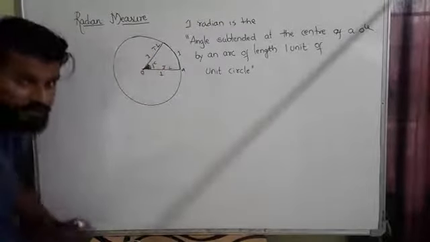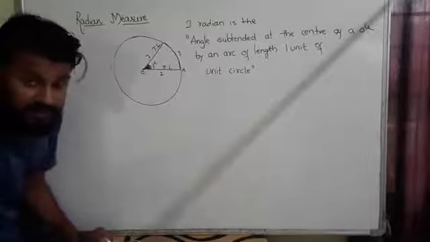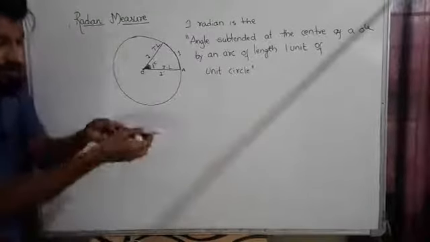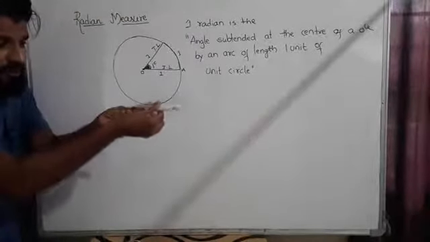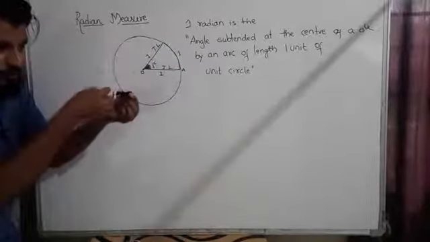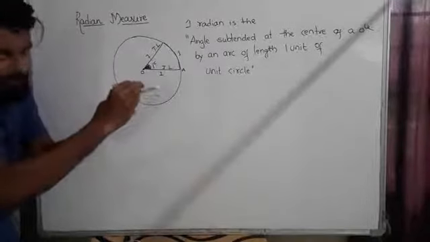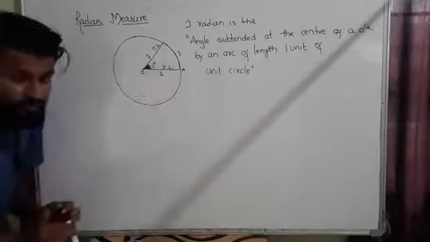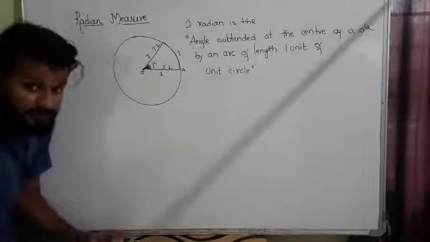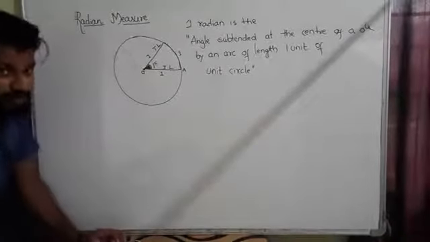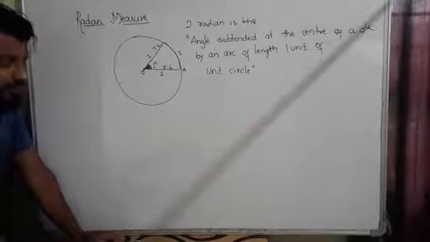I know in degrees that will be 360 degrees, because this is our initial line and if I rotate it through one full circle, that will be 360 degrees. Just now we got that. Then what about in radians? That we need to understand.